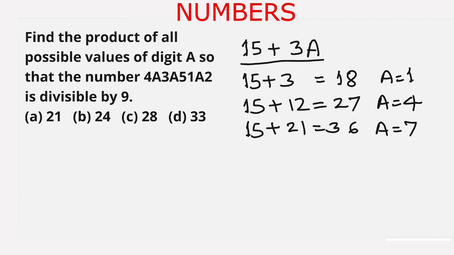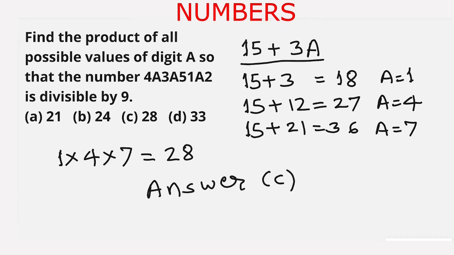Therefore the three values of A are 1, 4 and 7, and the product of 1 multiplied by 4 multiplied by 7 is 28. 7 times 4 is 28, and 28 times 1 is 28. So it is 28. And from the given options, our answer is option C, 28.